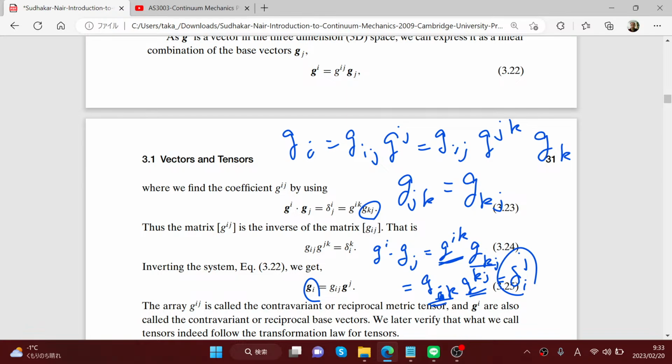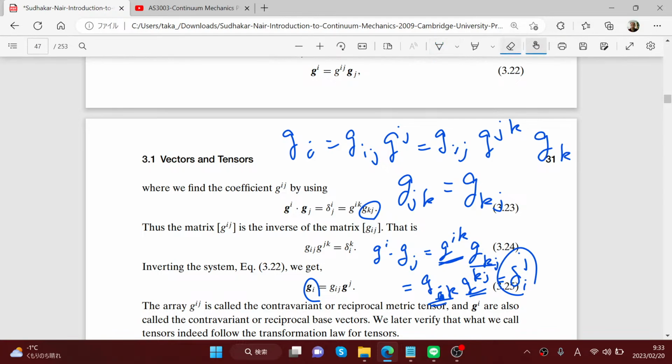Is this correct? No, I'm sorry. Inverting. So this is wrong. We do G.